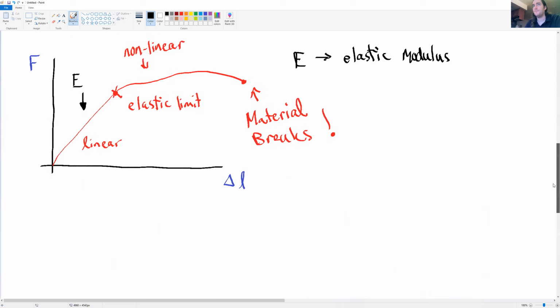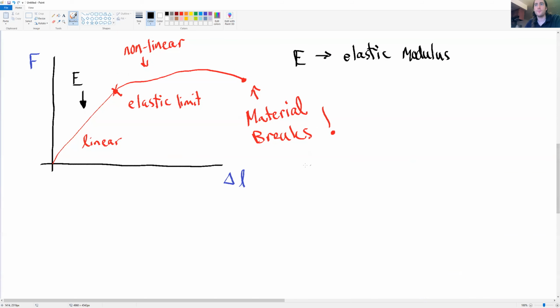Okay, so where do we go from here? Well, we know that all materials are going to have this linear region. So how do we describe that region, right?